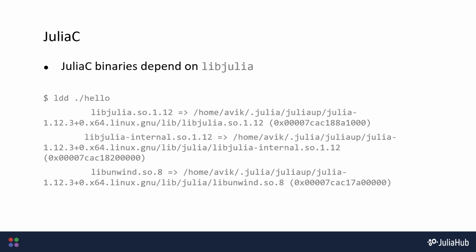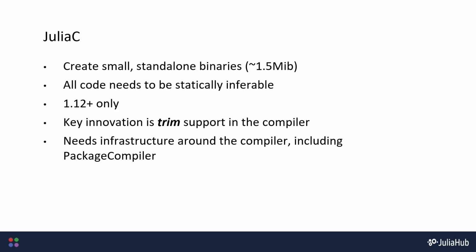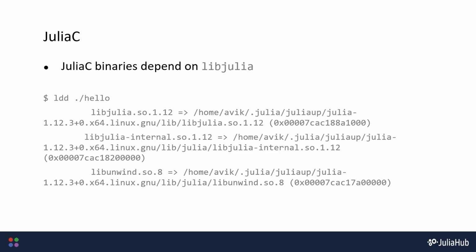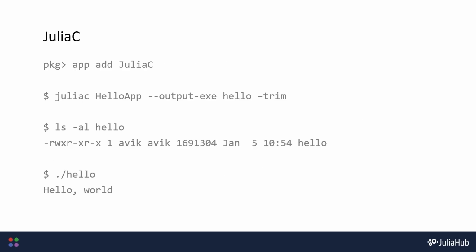That is in the compiler, but you need some infrastructure around it, and that infrastructure is run using an application called JuliaC, which you can add. In Julia there's a new command called app add.